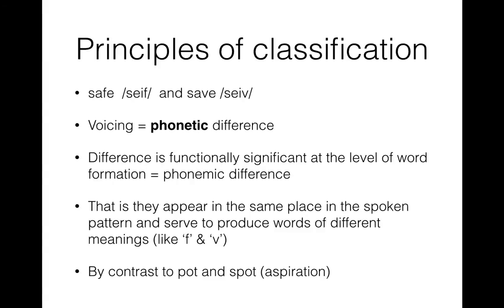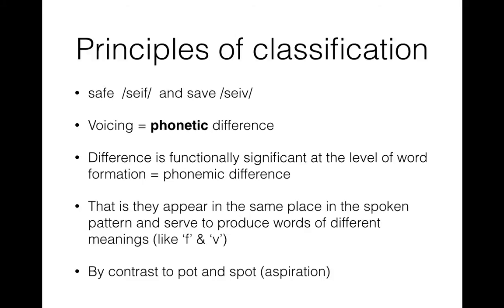So, they appear in the same place in the spoken pattern concerning this one. Are you following with me? F and V appear in the same place in the spoken pattern, in save and safe. You don't have F here and V here.